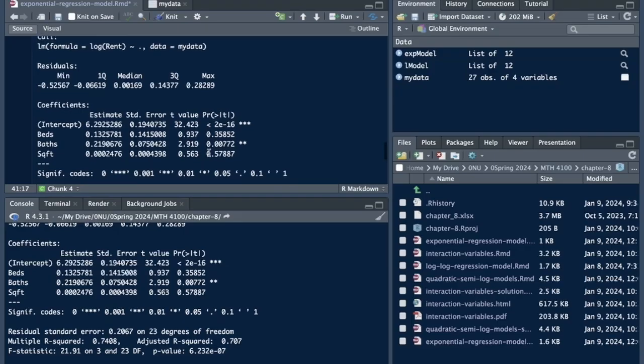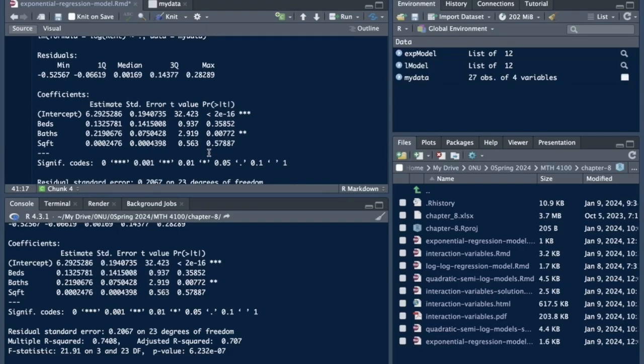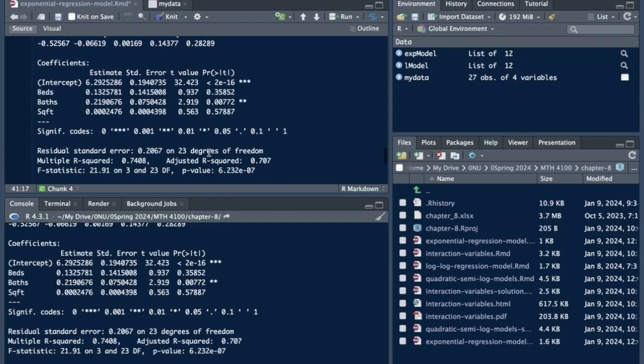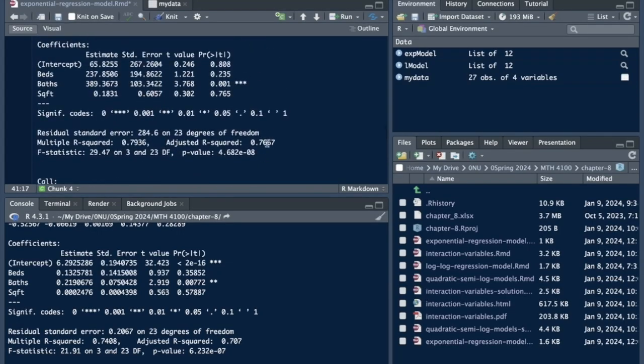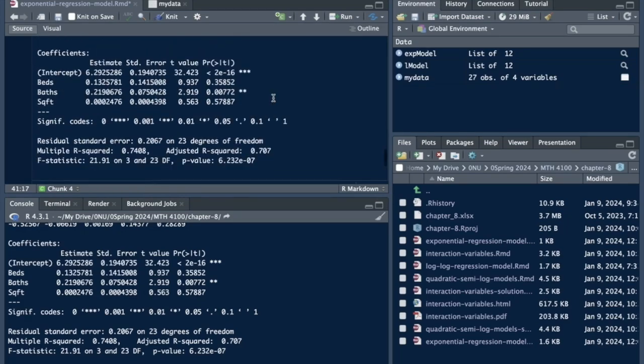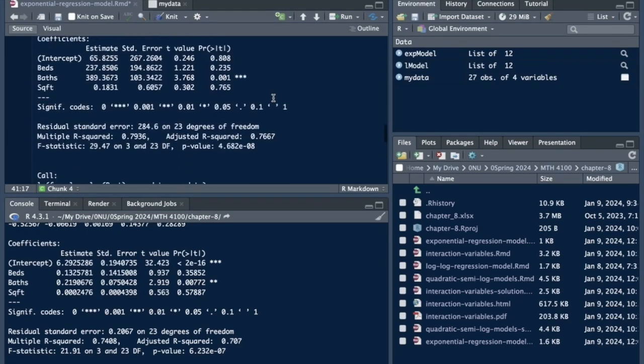The second model, we have, again, the same thing. One variable is significant. By the way, collectively, all of these variables, or at least some of them, contribute to explaining the response variable. And this is 70%. Before we had 76%, right?